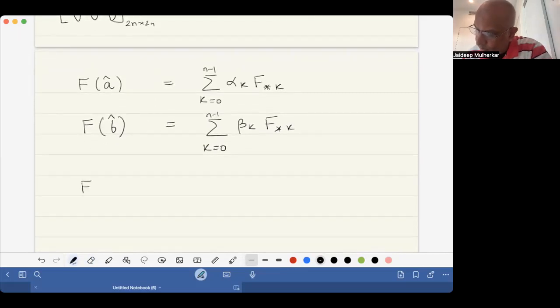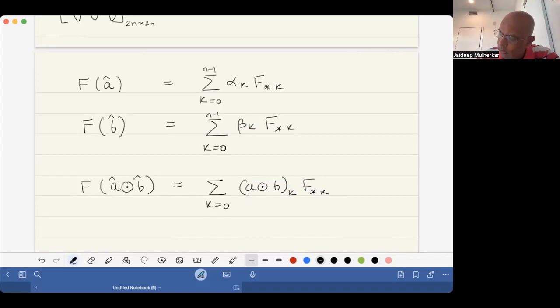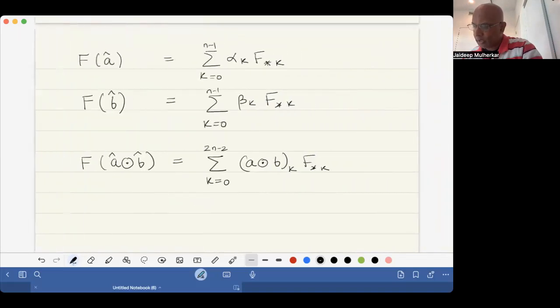And f of a hat convolution b hat, by definition, we get this to be the summation k equal to 0 to 2n minus 2 of the kth component of a convolution b times f star k. Okay, that's all just by definition.